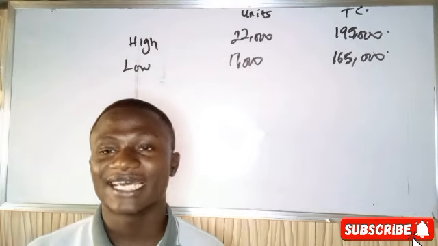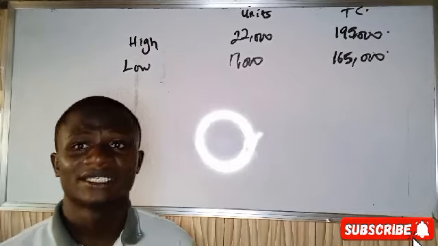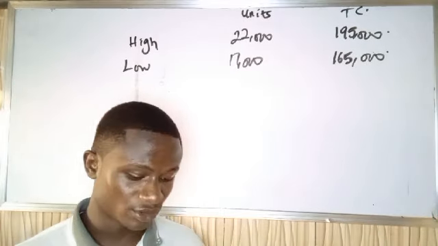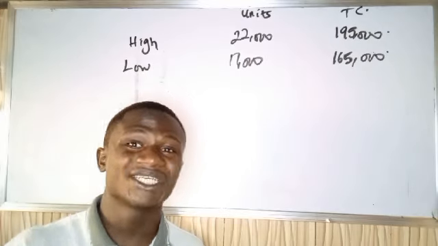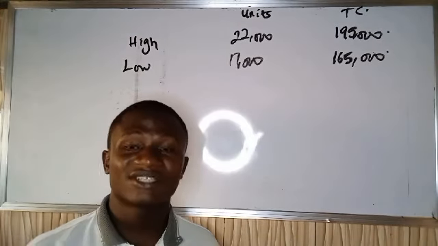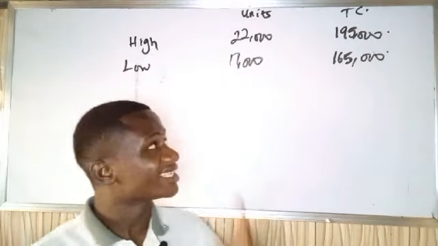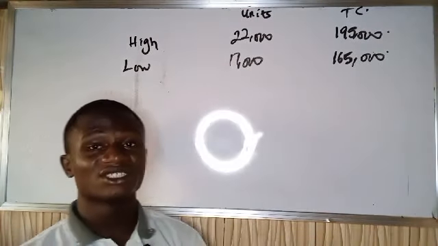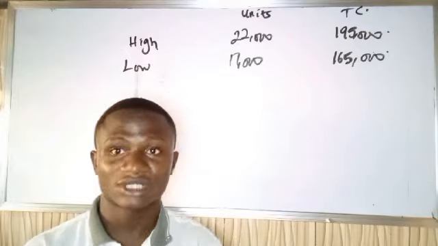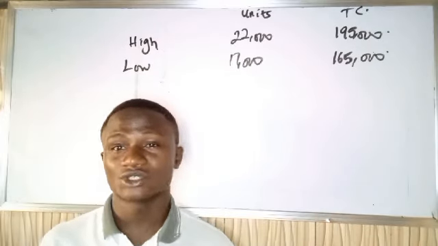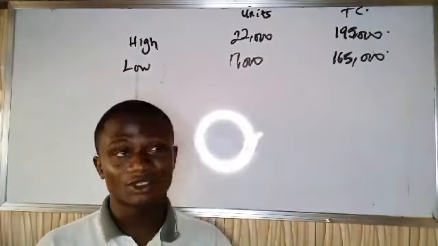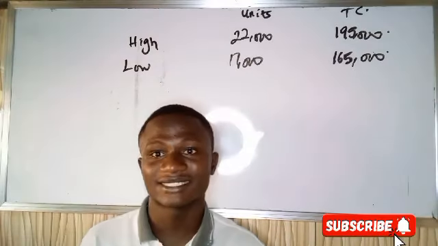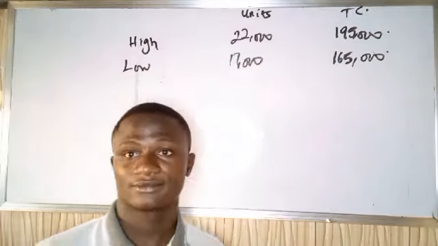Now, what do we need to take note of in this question? They said if the company produces 19,000 units or more, the fixed cost will increase by 15,000. That should tell you that at the low level, because we are producing 17,000 units, the fixed cost cannot increase by 15,000, since for the fixed cost to increase by 15,000 we have to produce 19,000 or more. But at the high level, the fixed cost has increased, because we are producing 22,000.